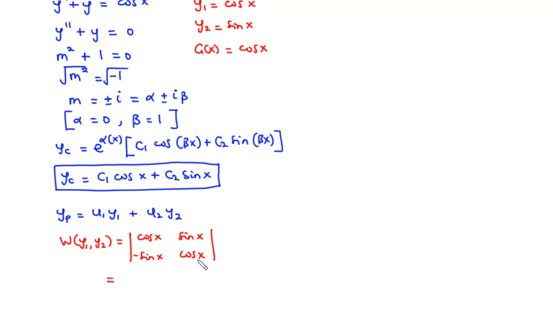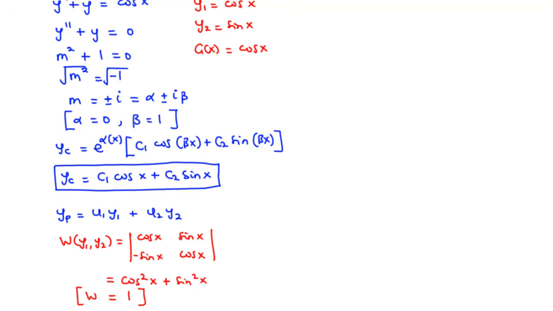So that is equal to, we multiply cos x by cos x, we have cos² x minus negative sin x times sin x, that is negative sin² x. Now we can simplify this as cos² x plus sin² x, and according to trig identities we know that cos² x plus sin² x is equal to 1. Therefore the wronskian is equal to 1.